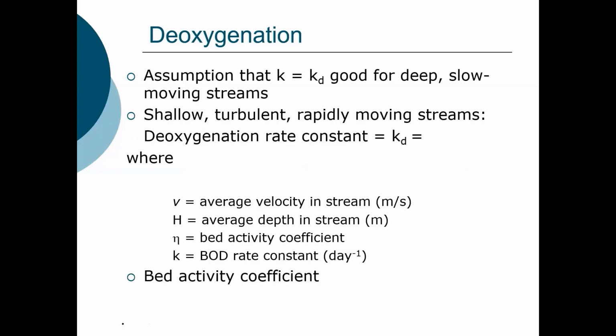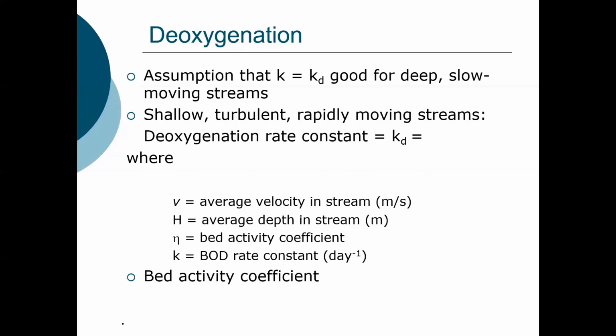We can also look at the rate of deoxygenation constant and how that relates to stream qualities. So for example, the BOD rate constant and the deoxygenation rate constants are approximately equal for deep, slow-moving streams.